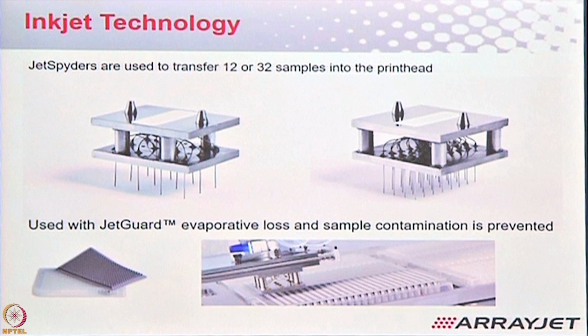Then it goes back, picks up another 12, goes back, prints it again, 20 meters per second. The way we calculate the efficiency is 640 features per second. So it's quick. 640 features per second is super quick. Sometimes you don't even know whether your sample is printed or it's ongoing because it's that quick when it moves.